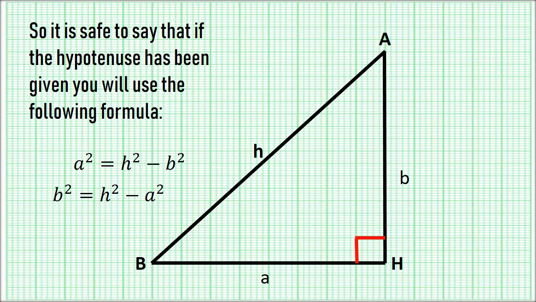Please note that you always take the bigger side minus the smaller side. The hypotenuse is always the longer length. If b was asked, you would say b squared is equal to h squared minus a squared. Again, one length squared is always equal to the hypotenuse squared minus the other length squared.